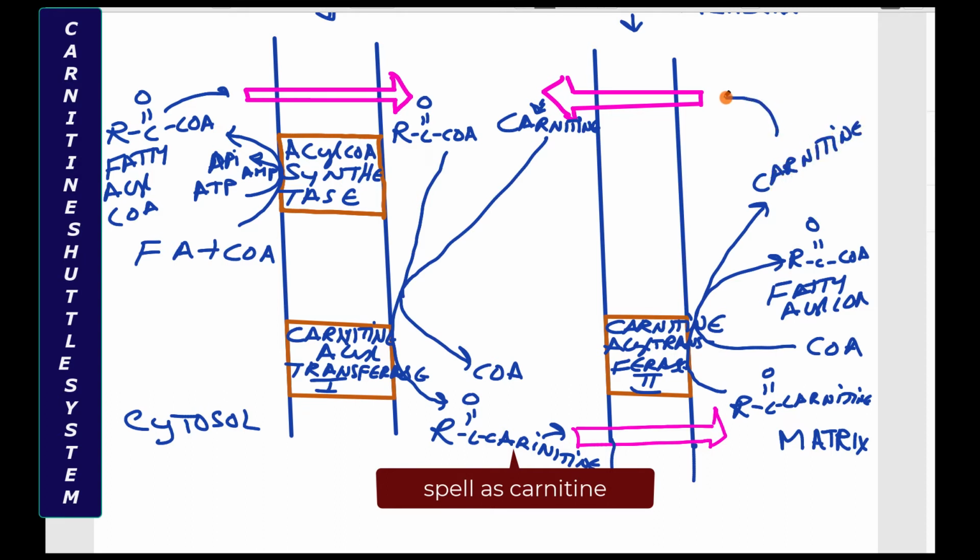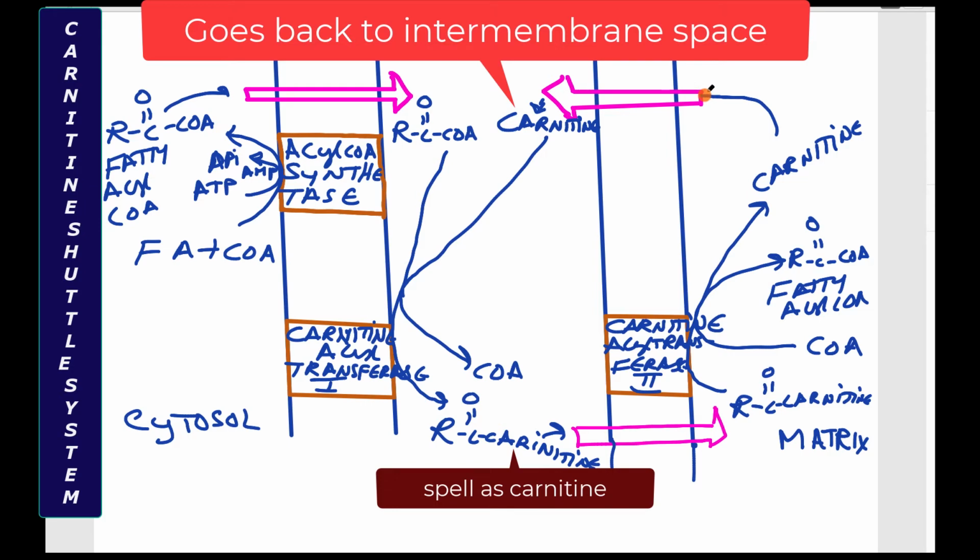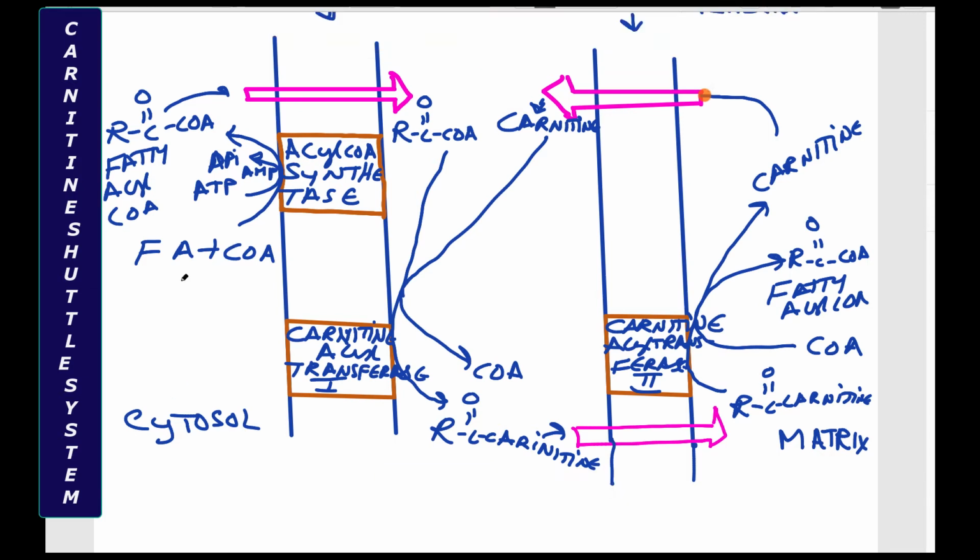This carnitine goes back to the intermembrane space, where the process is repeated. In the cytosol, fatty acid, coenzyme A, by the action of acyl synthetase, using ATP, forms fatty acyl coenzyme A, which enters the intermembrane space and combines with available carnitine to form acyl carnitine.